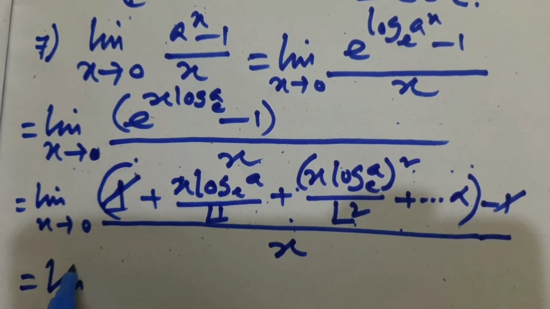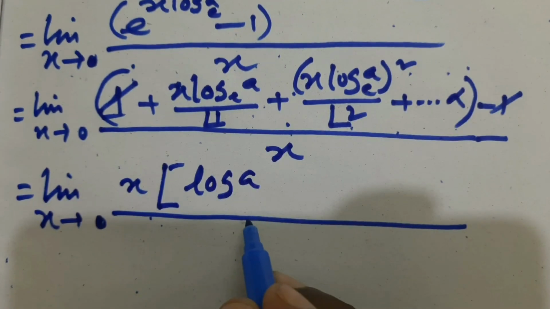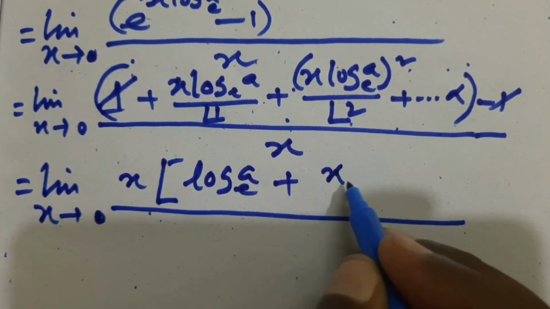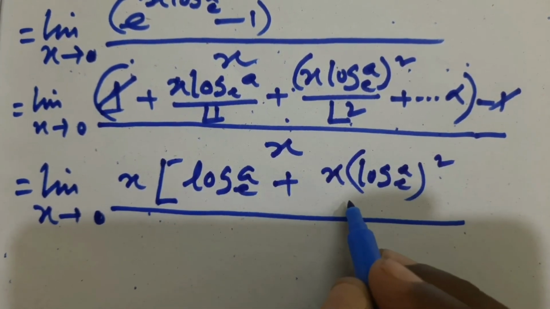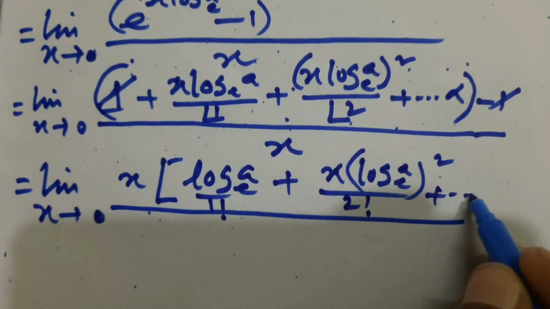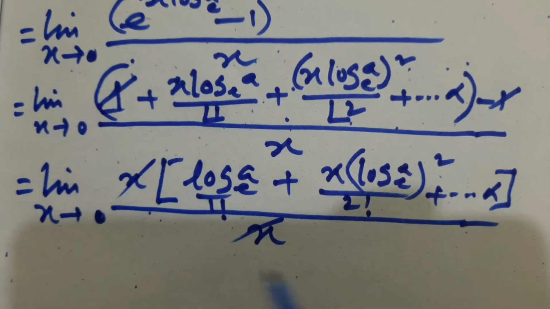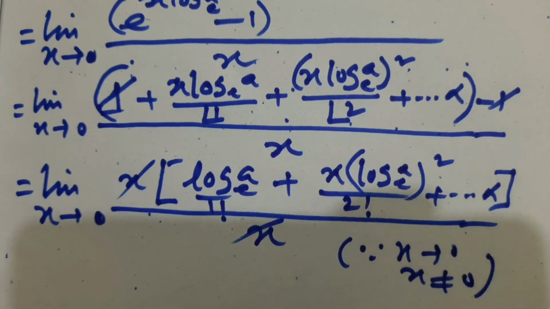So limit x tends to 0, take common x in each term, so this is x, log a to the base e, whole square by factorial 2, by factorial 1, dot to infinity, by x. So x cancels since x approaches 0, so x is never 0.